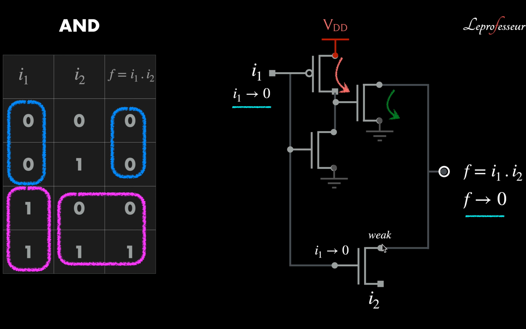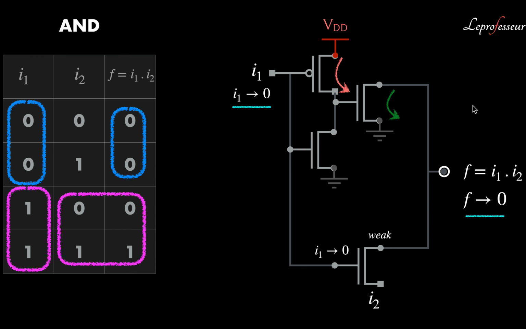So technically it will produce a weaker value of the logic I2 at the other terminal, so weak that the stronger one will take over and we will get logic 0 at the output.